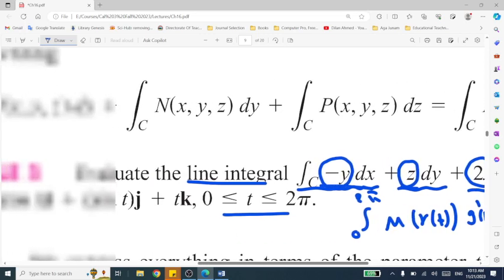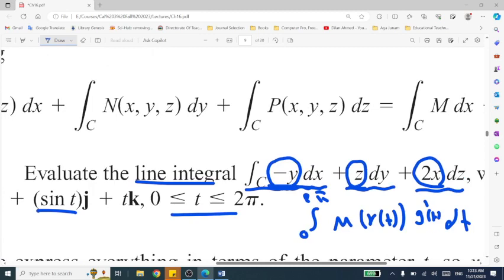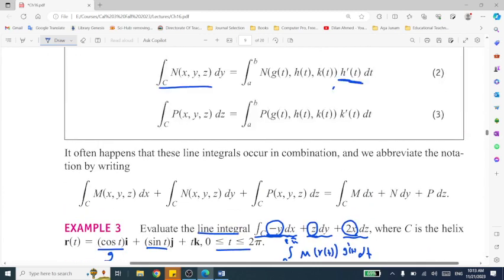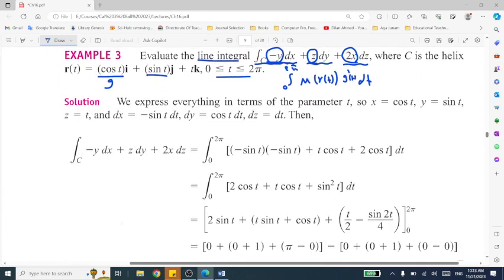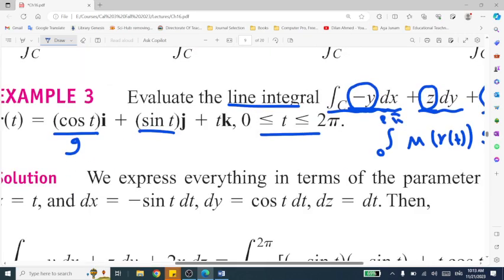What do you mean by g? By g, I mean here's H and here's K. So I'm going to solve one by one.